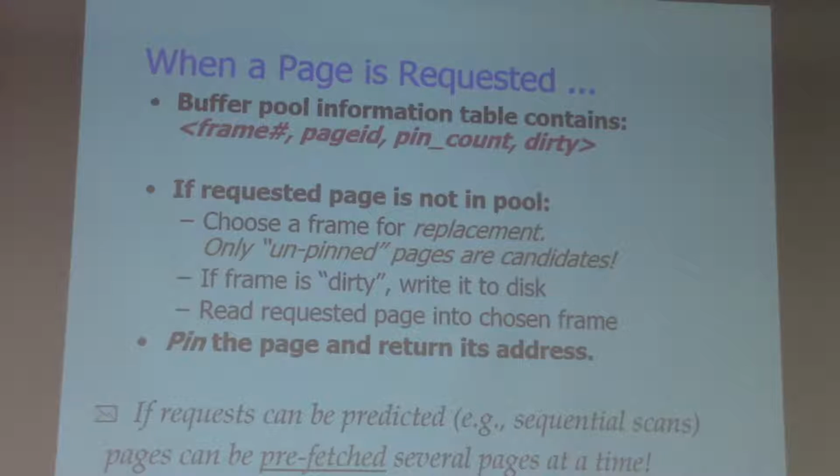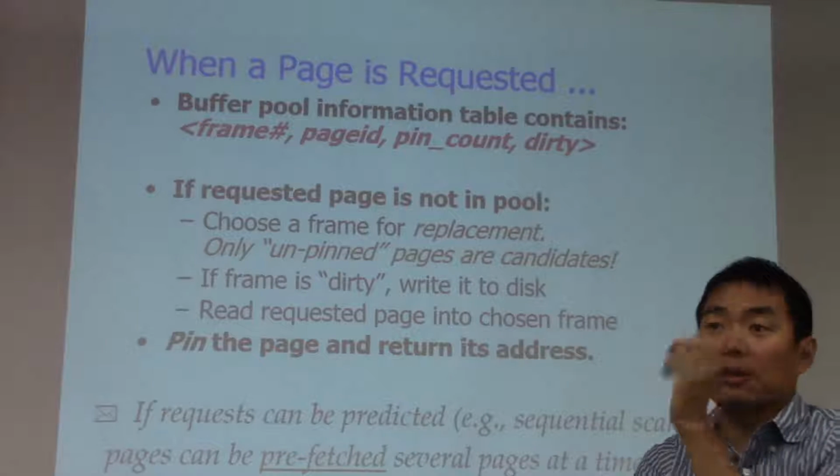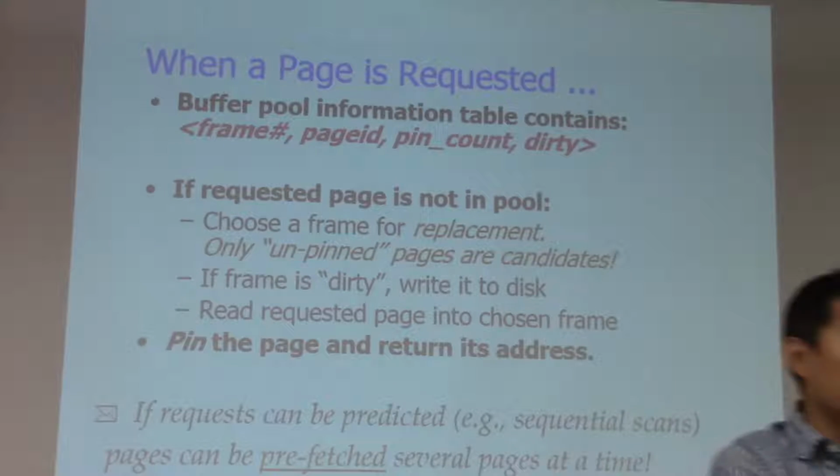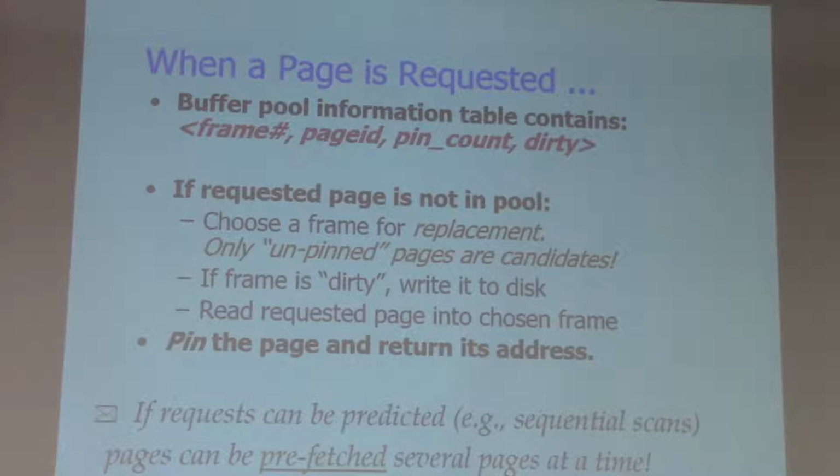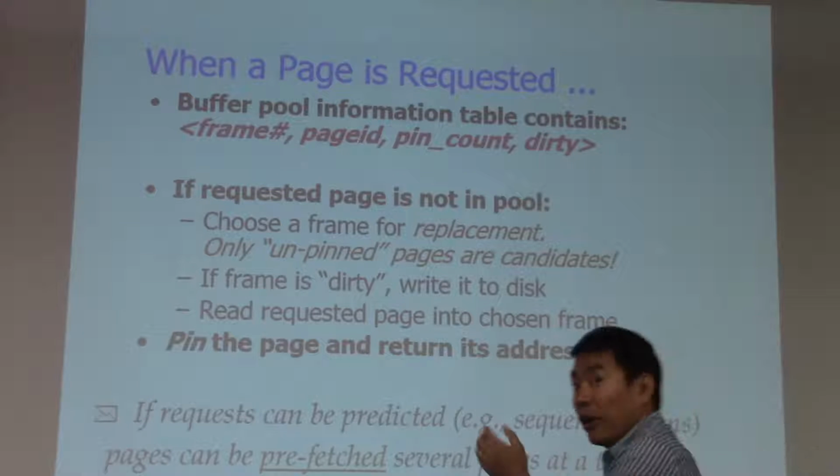You cannot kick it out, because they may come back and read or update the data on that page. But for those frames where pin count is 0, it's definitely safe to replace them, because there are no active threads asking for the page. You follow me? Okay, so that's how I understand pin count.